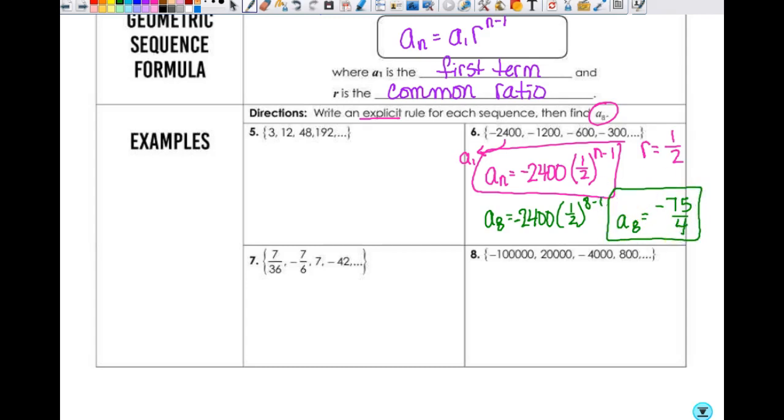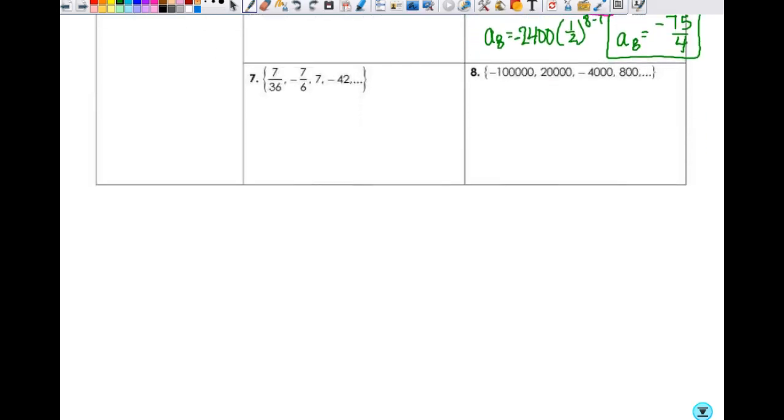I got negative 75/4. And you're going to give a fraction unless there's a decimal in the sequence itself. Okay. What questions do you have? All right, y'all do number 7. This one.